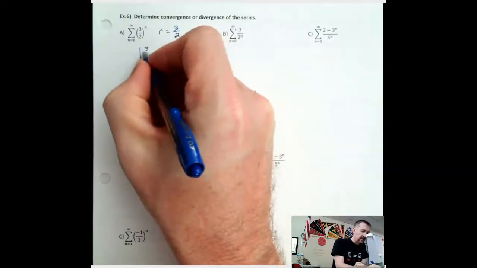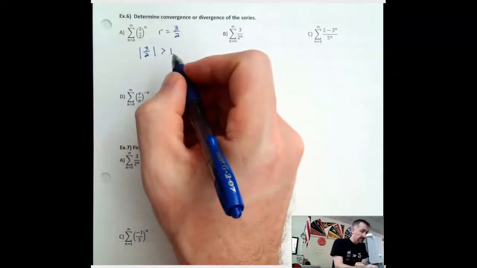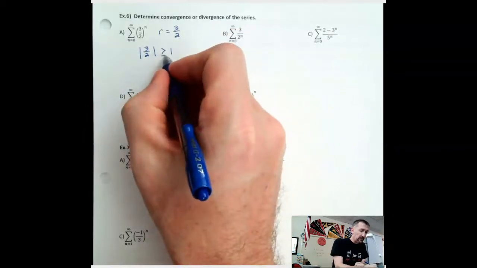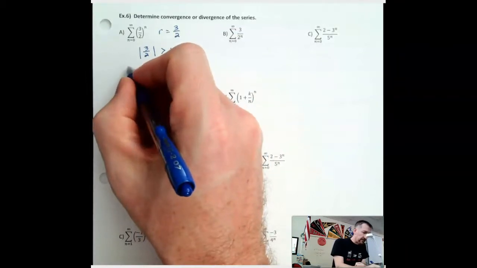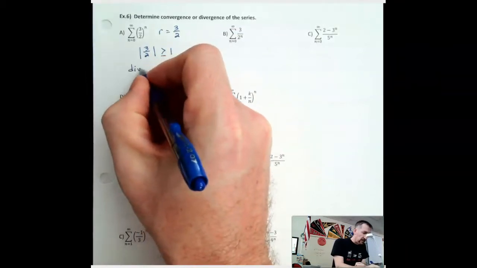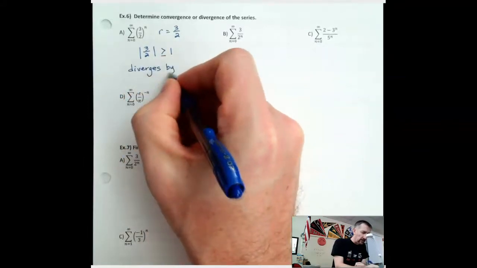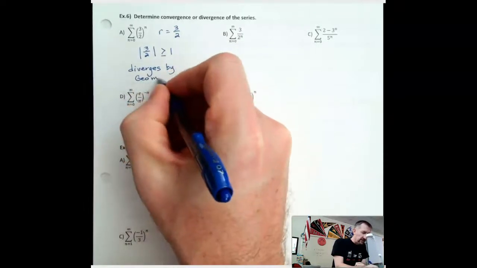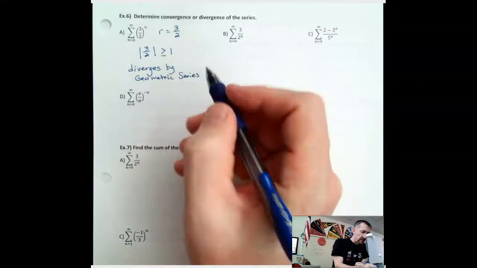The absolute value of 3/2 is greater than 1, greater than or equal to 1. So it diverges by geometric series. All right.